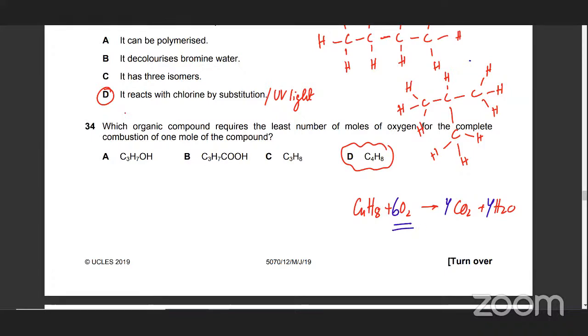Now, one way you can actually do this is कि they're going to produce carbon dioxide and H2O always. C3H8 है.